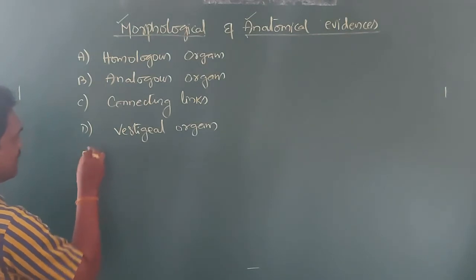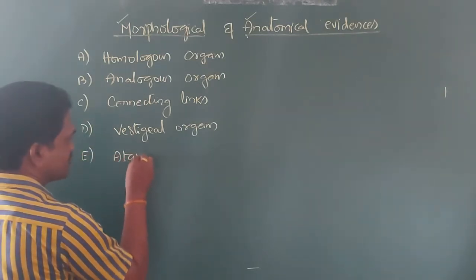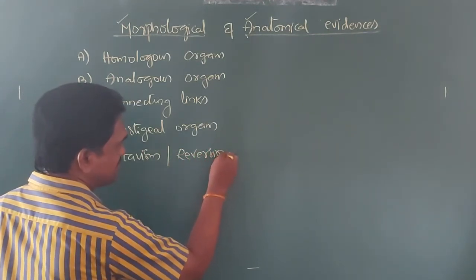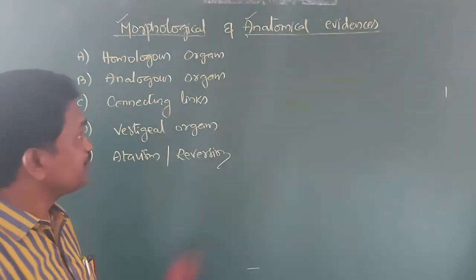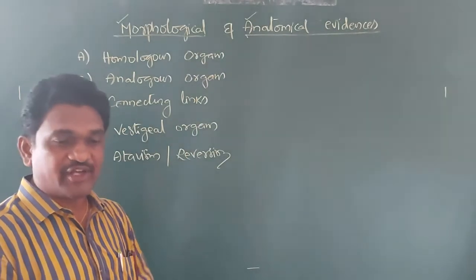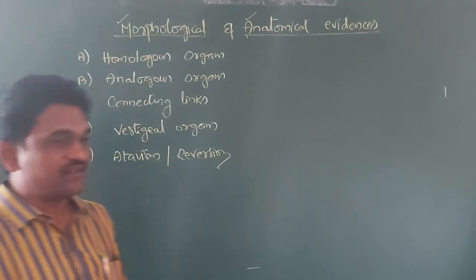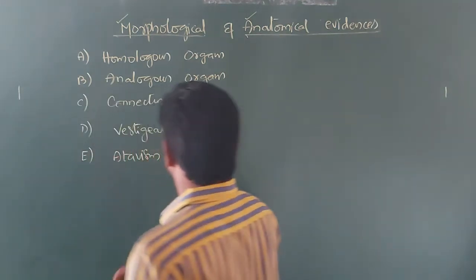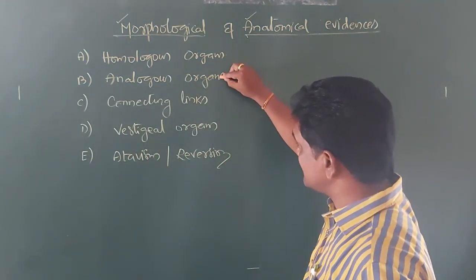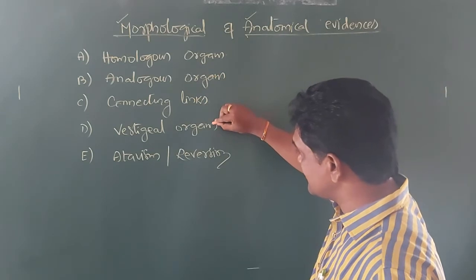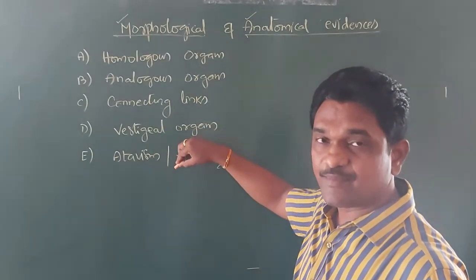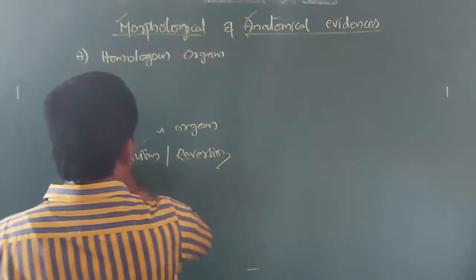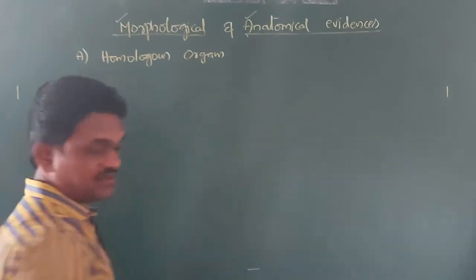And the last and final, atavism, also known as reversion. So these are the various side headings we have to explain under such evidences. Of those all, first let's explain homologous organs, and their importance.